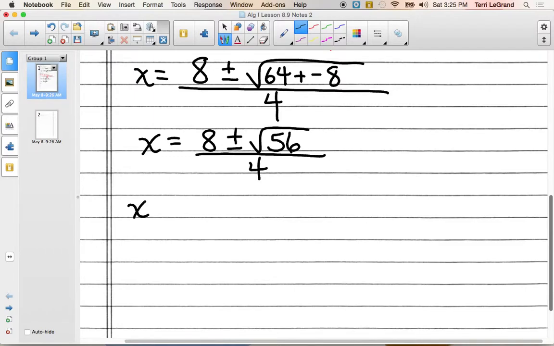We're going to say we have x equals 8 plus that radical 56. But because we want that whole numerator to be divided by 4, we're going to have to stick it in parentheses. Now what will happen is your calculator might also start a set of parentheses when you want to take the square root of something, so you have the square root of 56.